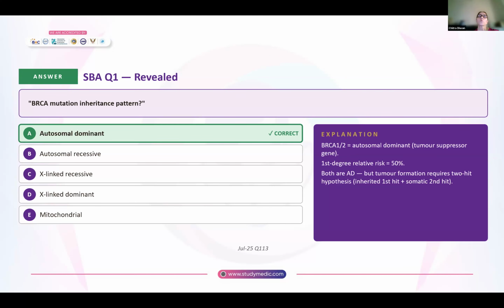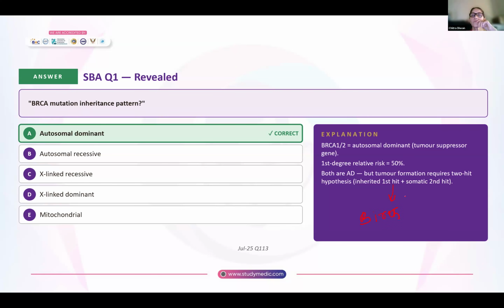Whenever you have faulty alleles, for the complete expression of these faulty alleles or the formation of cancer syndromes, both alleles have to be affected. Whenever any person has a defective gene, BRCA1 or BRCA2, whatever it is, at birth they have inherited one faulty allele. So the first hit is already there at birth.